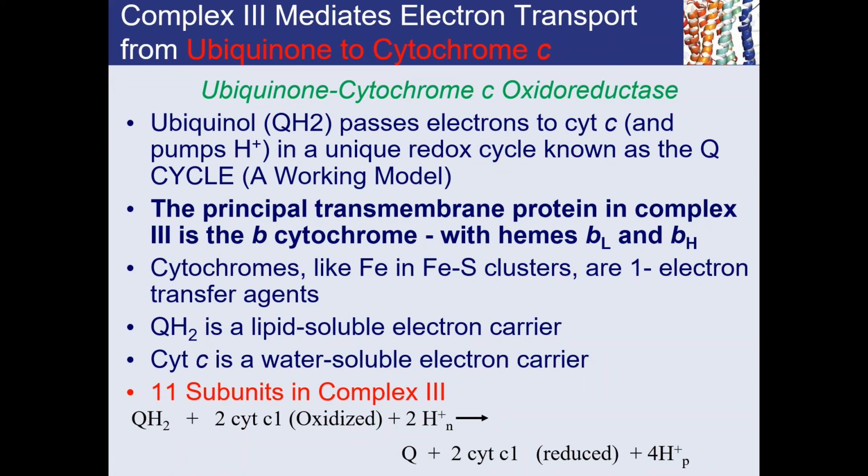But the Q cycle is a working model that explains the stoichiometry of proton pumping into the intermembrane space per equivalent of electrons transferred from ubiquinone to cytochrome C. Okay, so there are experiments involved, and that's how people have come up with this Q cycle working model, how complex 3 might be working. Okay, so the principal component is cytochrome B. Okay, and cytochrome B has this heme BL and BH.